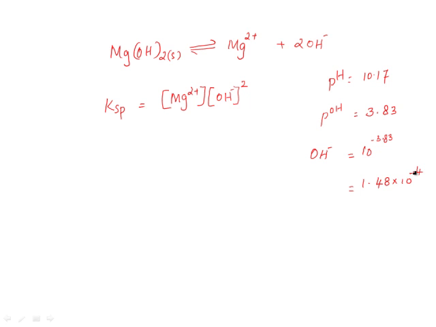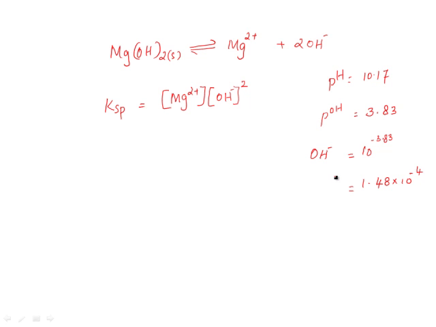Okay. So this is the concentration of OH minus in the solution. Now you have to think about this. Is that the same OH minus we are talking about? This is the total OH minus in the solution, right? Because pOH comes from the total OH minus available.